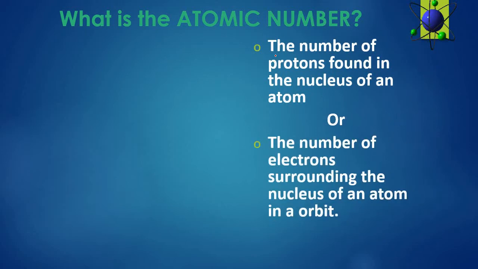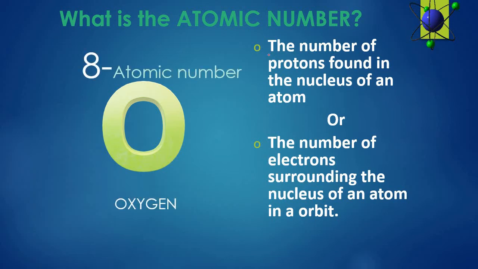The number of protons found in the nucleus of an atom is the atomic number, or it can also be defined as the number of electrons surrounding the nucleus of an atom. This 8 is the atomic number of the oxygen atom, which has 8 protons and also 8 electrons.